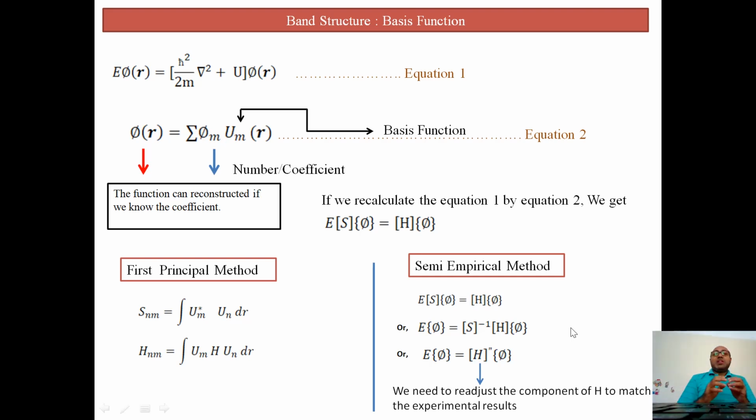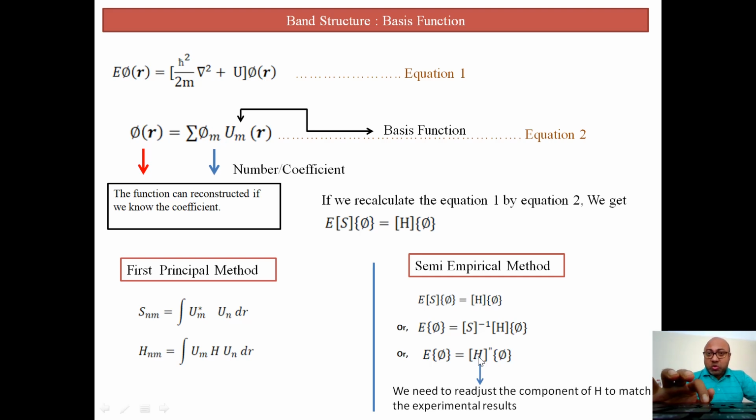It looks like E phi is equal to S inverse H phi. So S inverse H, altogether I am taking, is called H bar. So it is the same kind of expression as the Schrodinger wave expression.